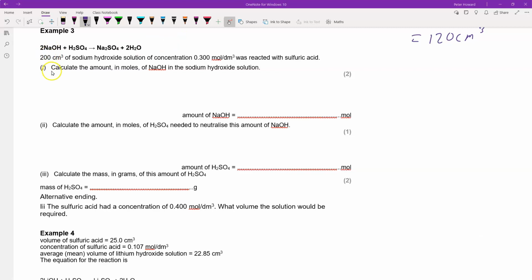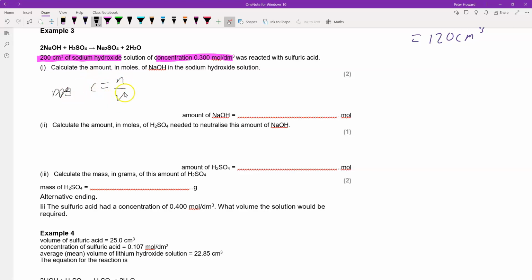Example 3. So 2 moles of sodium hydroxide react with 1 mole of sulfuric acid. Let's see what the information gives us: a volume of sodium hydroxide and a concentration. So if we're given a volume and a concentration, we can work out the number of moles. Let's go through a step-by-step approach.